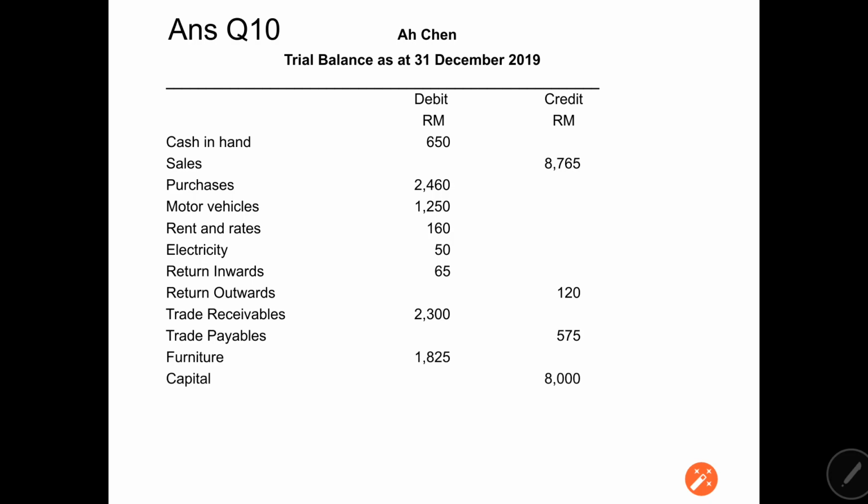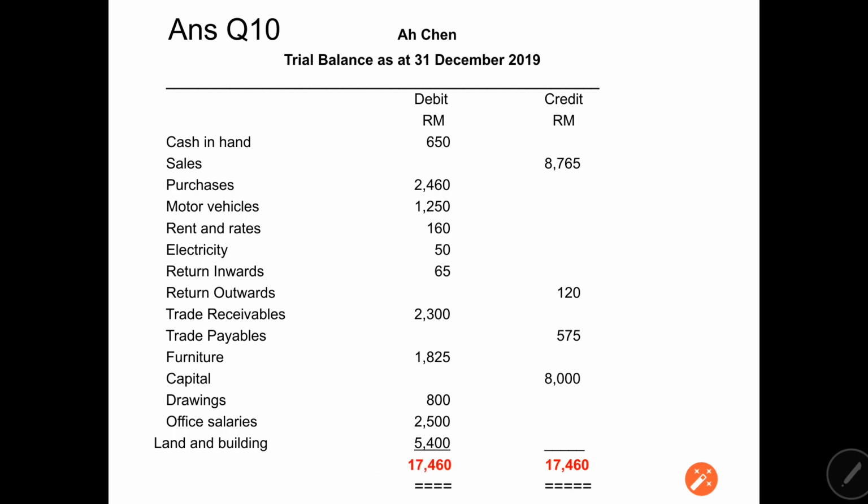Okay, so at the end, 最后呢你应该要找到的总数呢左边跟右边呢应该是相等的啦。所以假设讲你这一题的答案是17460块，你的左边的 column 跟右边的 column debit 跟 credit 其实应该要找到17460。Okay, so at the end, the total of the debit column and the credit column, they must tally.